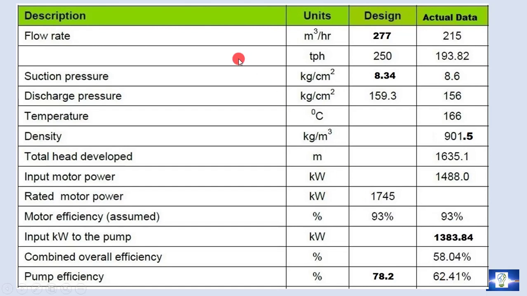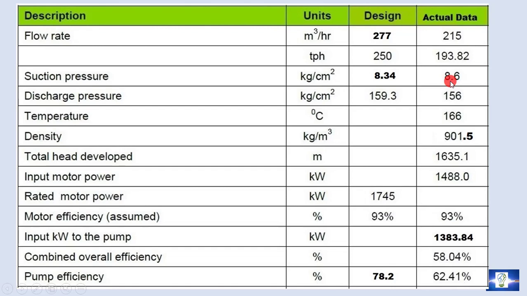Now coming to this table. In this table, this column is the design parameter of the boiler feed pump and this column is the actual operating data. The flow rate we have already taken as 215 meter cube per hour, where the design is 277 meter cube per hour. Suction pressure is 8.6 and discharge pressure is 156 kg per centimeter square.